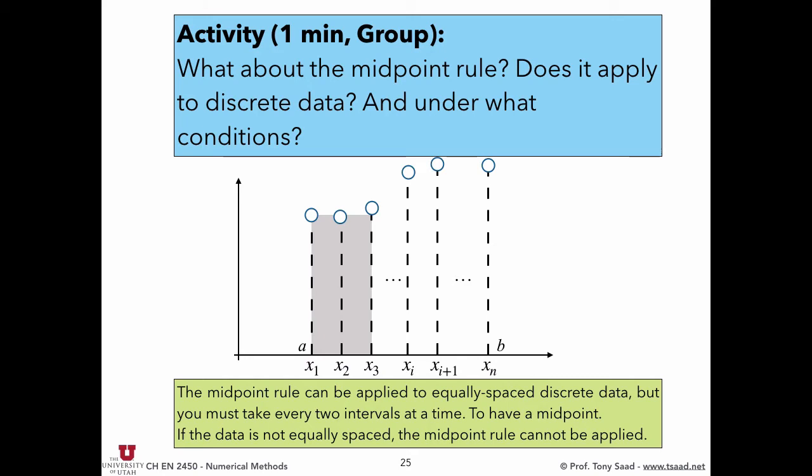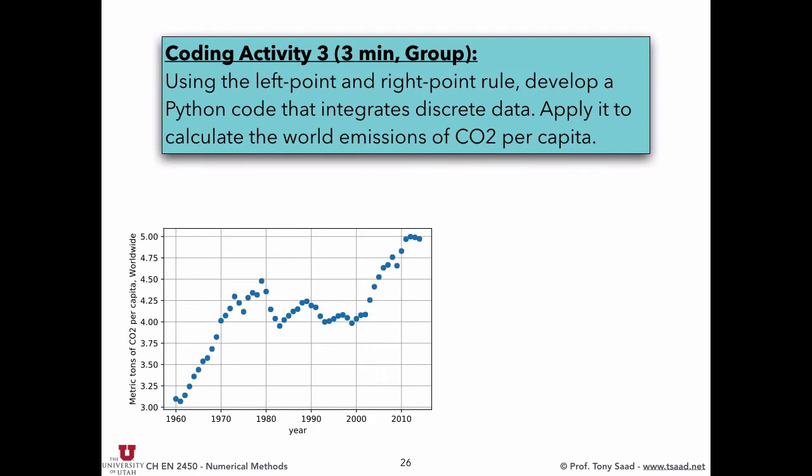Now, I'm going to give you a set of equally spaced data. These data correspond to the metric tons of CO2 emissions per capita worldwide from 1960 up to 2014. The data look like this. Again, in your activity 3 notebook, I want you to now implement the left point and right point rules for a discrete set of data.